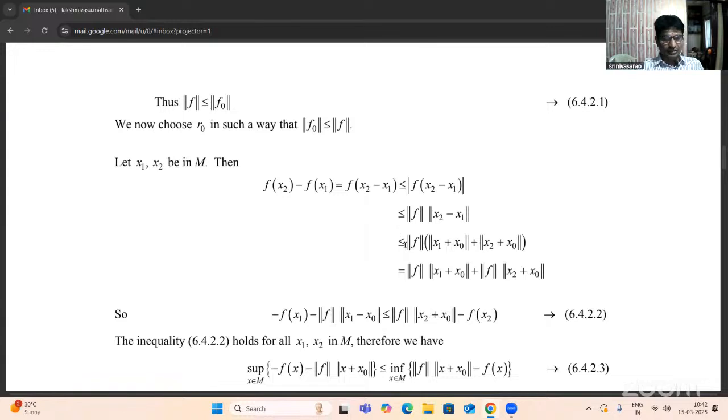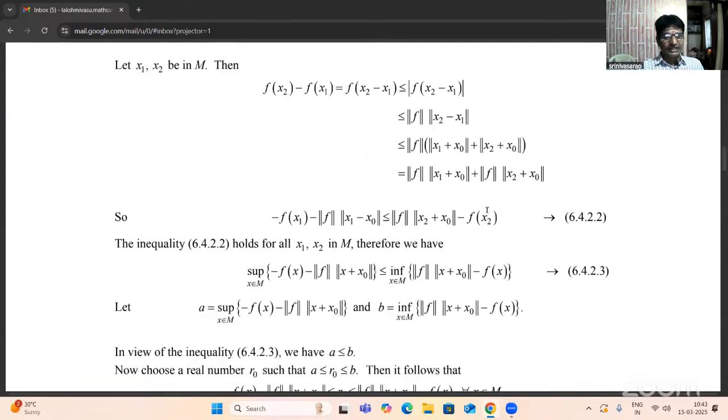Now less than or equal to norm f into this element, which can also be written in between with x naught. Norm x2 minus x1 may be written with respect to x naught, adding x naught, that is norm x1 plus x naught and norm x2 plus x naught.